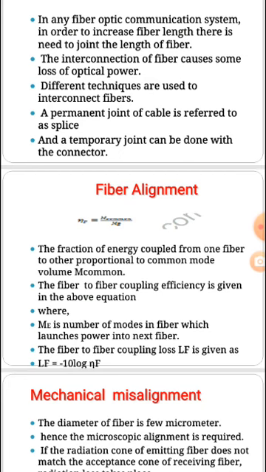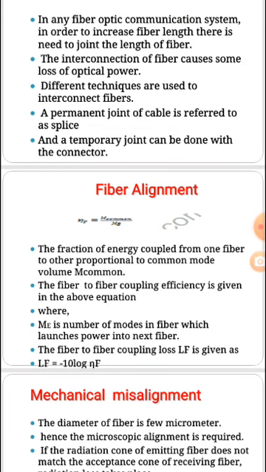Dominant mode is responsible for the highest power propagation, and other modes are also supportive. The fiber to fiber coupling loss, let me say coupling loss, that is LF, which is given like this. LF is equal to minus 10 log of NF. N is coupling efficiency, and the minus is indicating that there is a loss here.